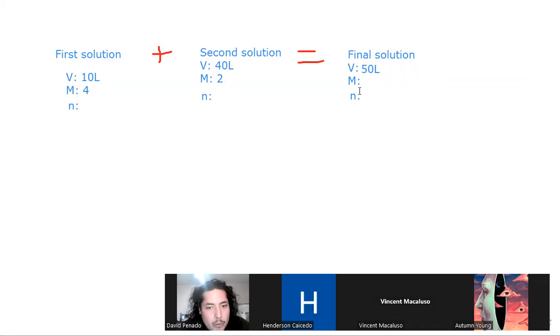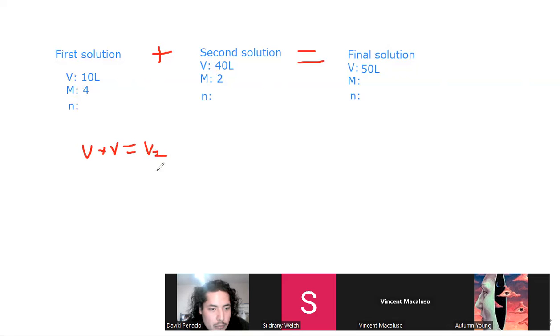Now all we need is to get the mole so we can get the molarity. The molarities cannot be added. V plus V can be added, but not M plus M. Can we add it all at the end though, instead? Or does that give you a different answer? The volumes could be added.